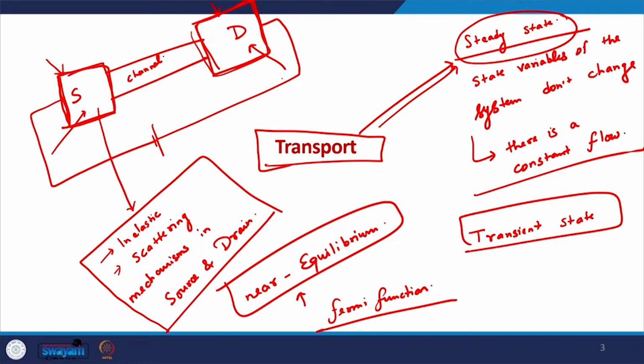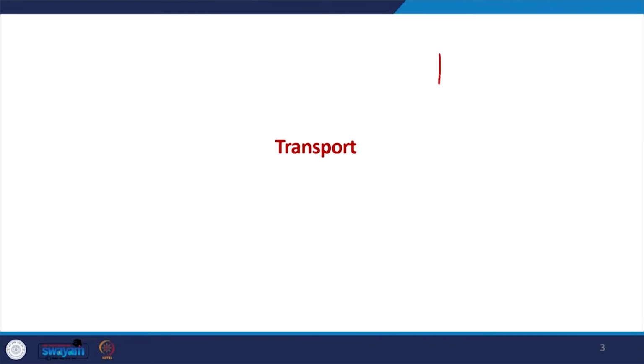Second is, if we have a two terminal device like this, in which we have a source, a channel and a drain.